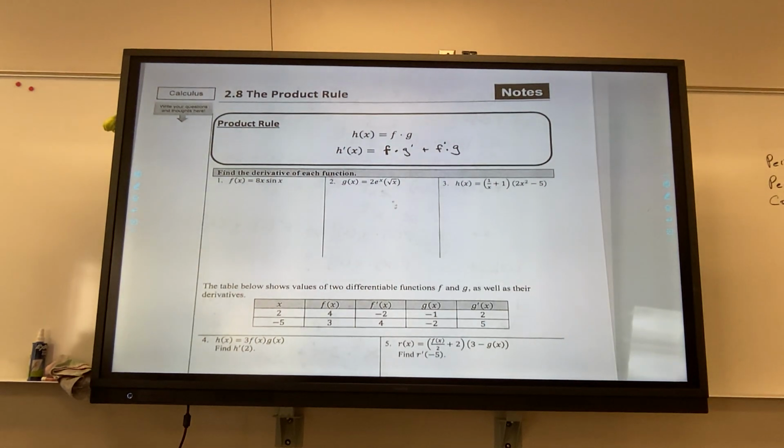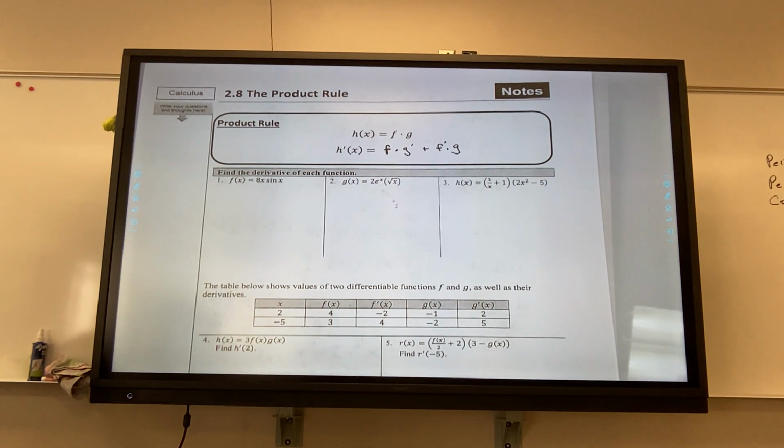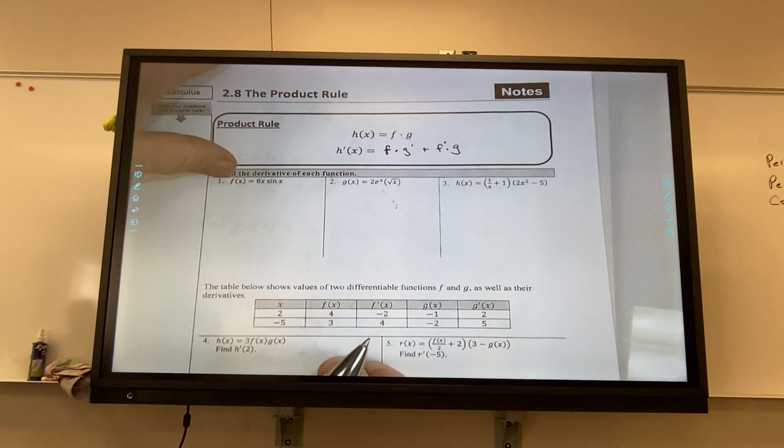That's how you have to figure out the derivative of two functions that are multiplying together. Okay? So let me give you an example.